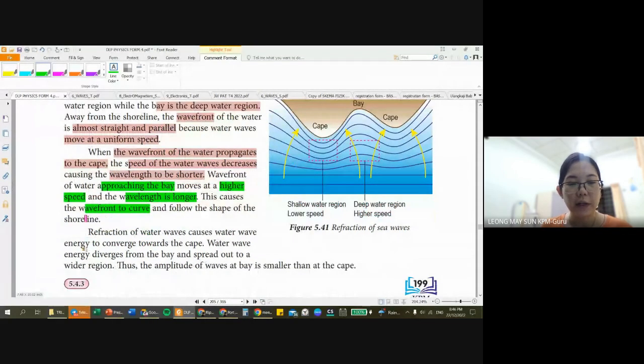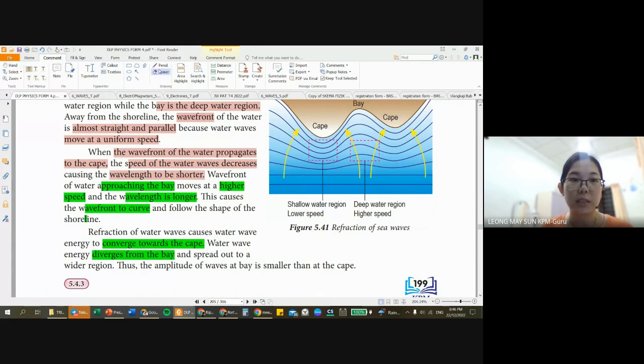So refraction of water wave causes the water wave to converge towards the cape. Please underline and remember that. And the wave will diverge from the bay. Converge means move towards.